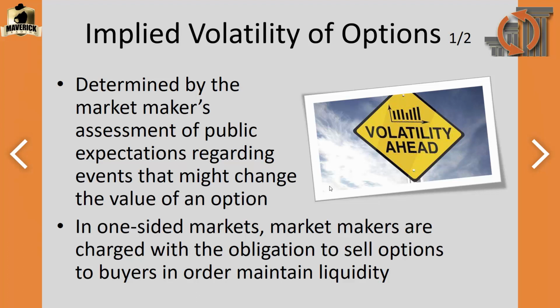And the answer, of course, is no, they probably won't be, because there's one factor that's different. All the rest of it could be identical, but two stocks are not the same because they have different amounts of perceived risk. And that's what implied volatility is.